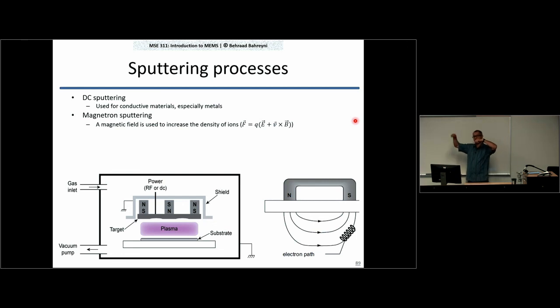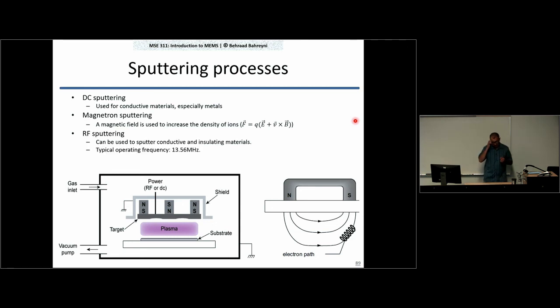And because they're traveling a longer distance, the chance of an electron hitting an argon atom and producing an ion is higher. So you can create more argon ions, and therefore a higher density of ions and a higher rate of sputtering.